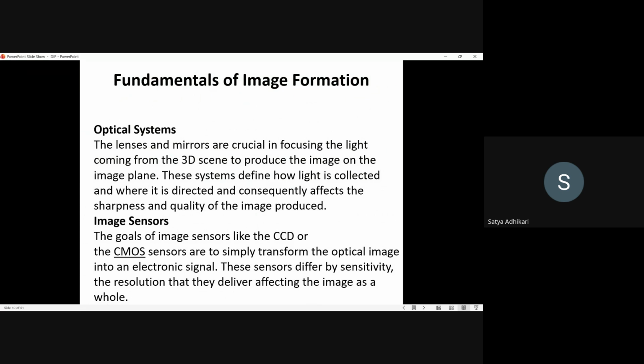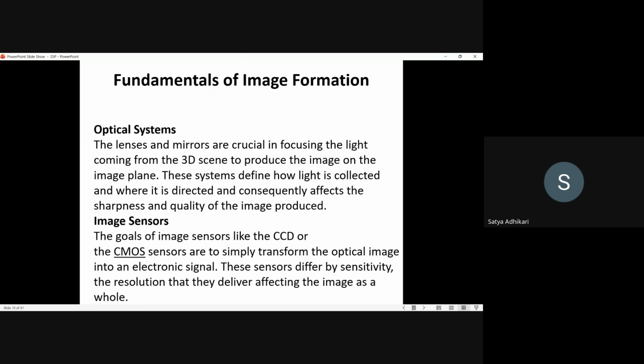Similarly, our eye also captures images so that we can view them. So in the eye, we also have an eye lens. This system defines how light is collected and where it is directed, and consequently affects the sharpness and quality of the image produced.